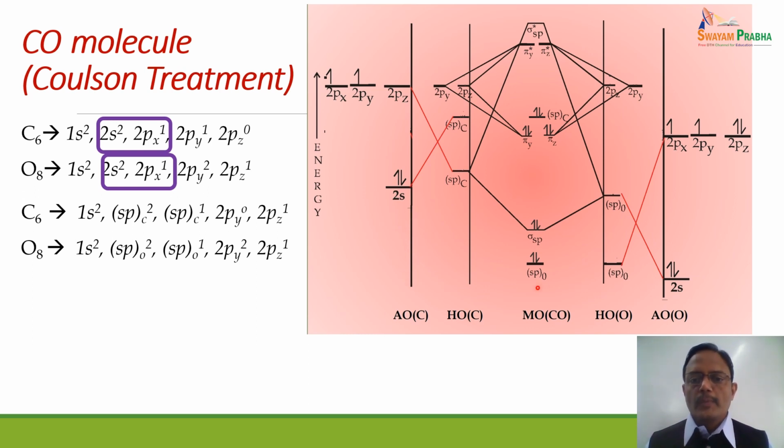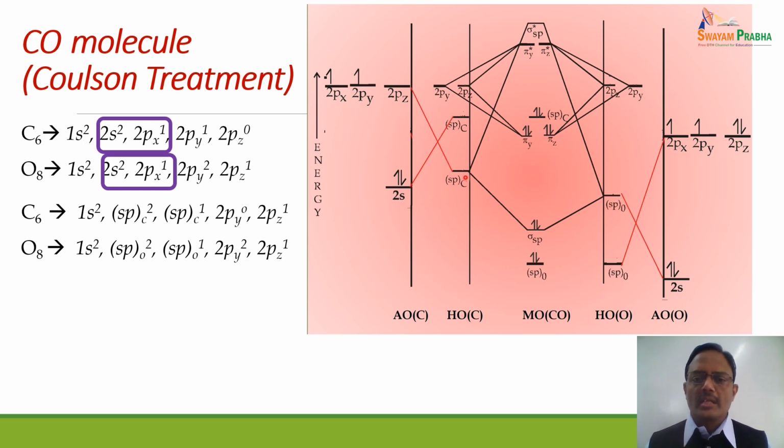Hence this sp1 of oxygen remains as a non-bonding type of orbital. Similarly, sp2 of carbon has no comparable energy orbital in oxygen, and so it remains non-bonding, while this sp1 of carbon mixes with sp2 of oxygen and they form a sigma bond.